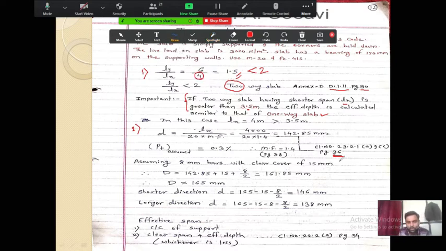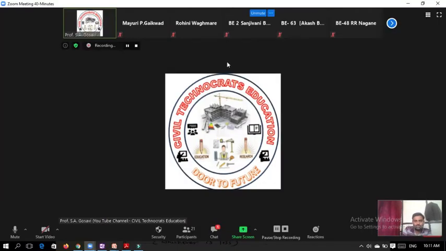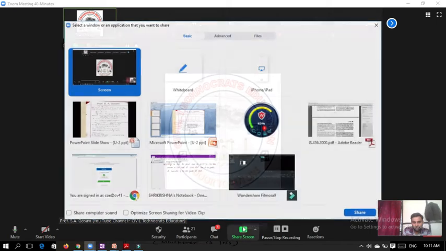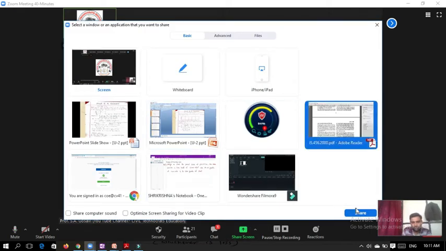So now we will go to page number 36 and this clause number 23.2.1 A and C. We will go there in the IS code. So here is the IS code, page number 36.